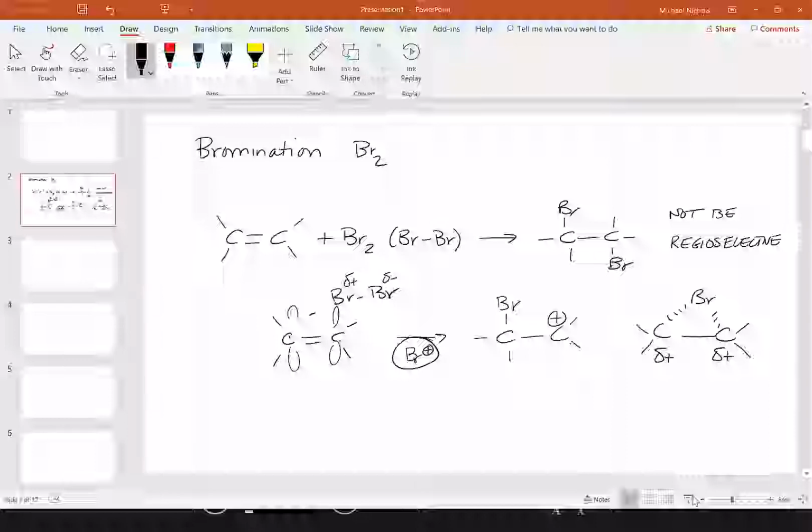So you end up making this triangular intermediate with these two carbons sharing the positive charge, because it's always more stable to delocalize a charge than it is to have one atom bear the brunt of it. So this delocalizes the charge, and we end up with this triangular intermediate.